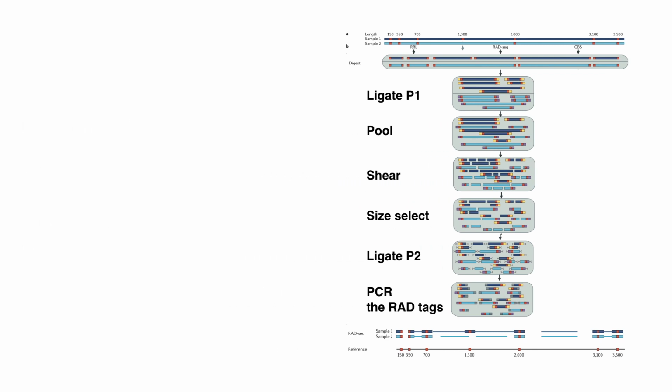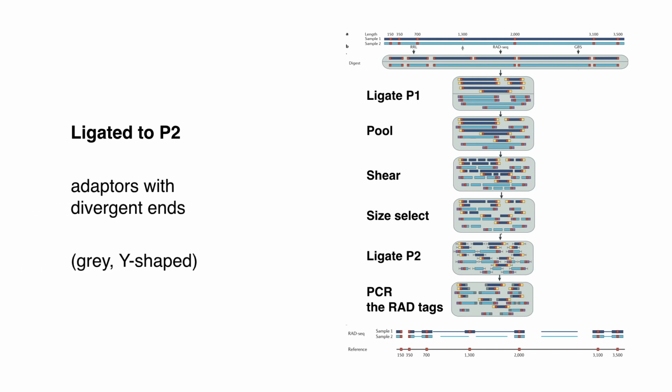Then they are pooled, randomly sheared, and size selected to 300 to 700 base pairs. They are ligated to P2 adapters with divergent ends, so you can see here Y-shaped gray markers, and then they are ligated to the fragments with and without P1 adapters.